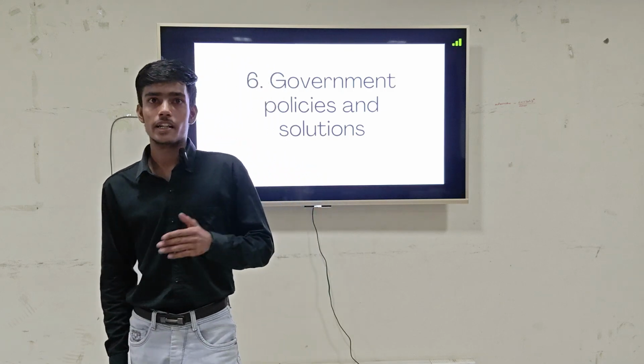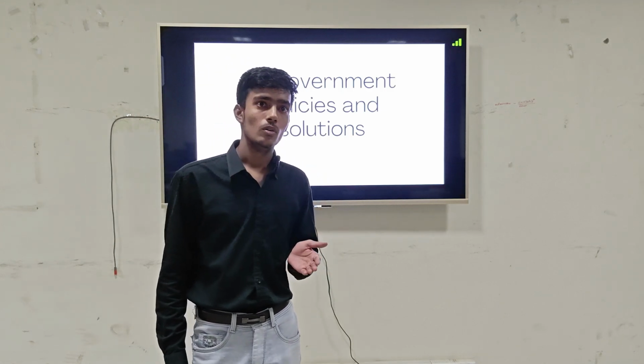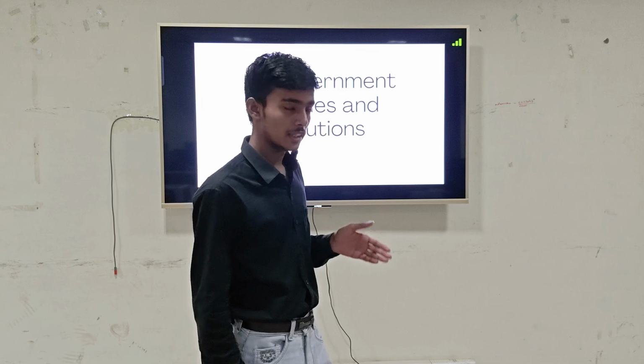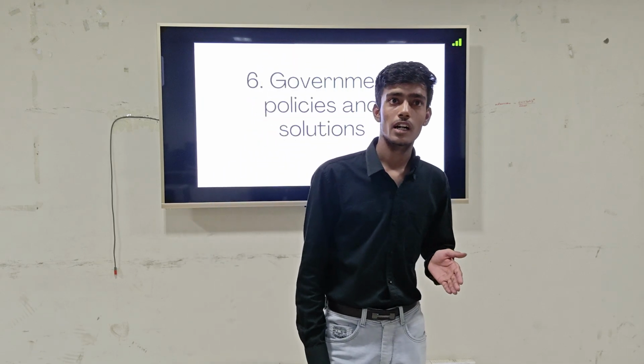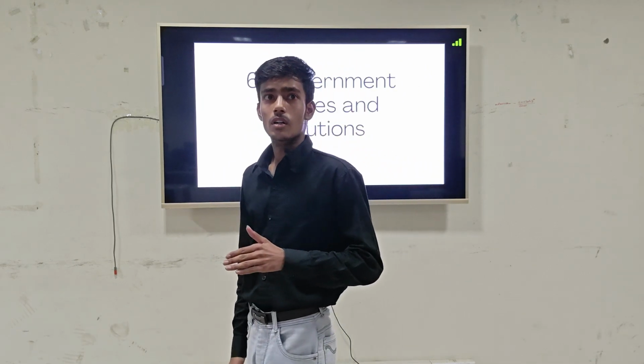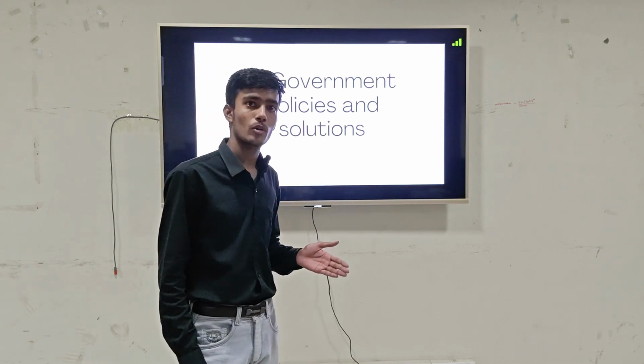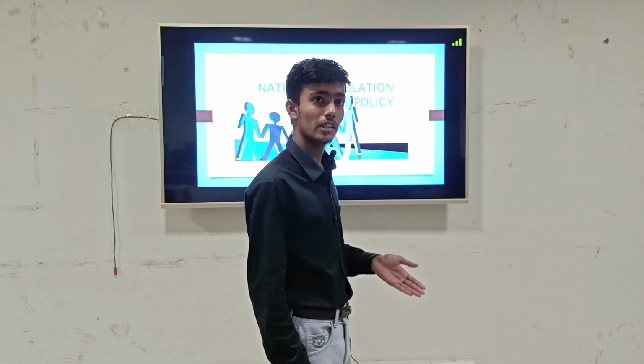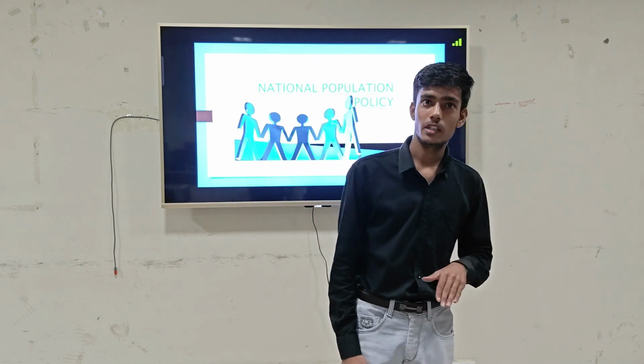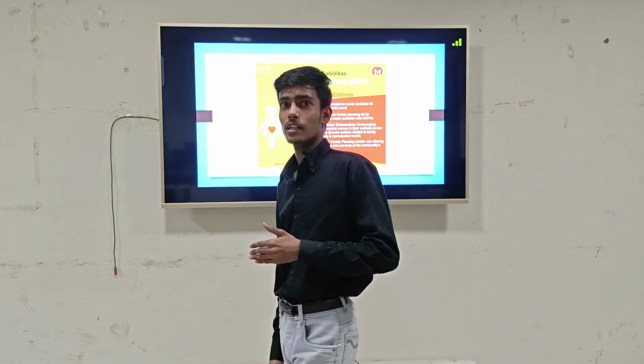By targeting a total fertility rate of 2.1 by 2010 and keeping it there, the NPP is crucial for sustainable development. The government has made remarkable progress through increased accessibility to contraception, improved maternal health services, and community-based interventions.